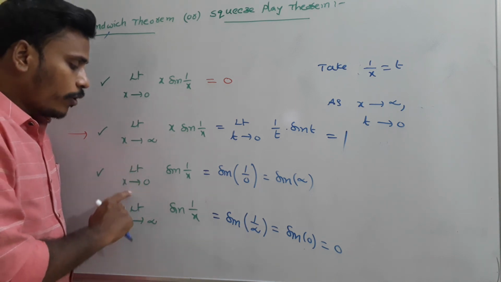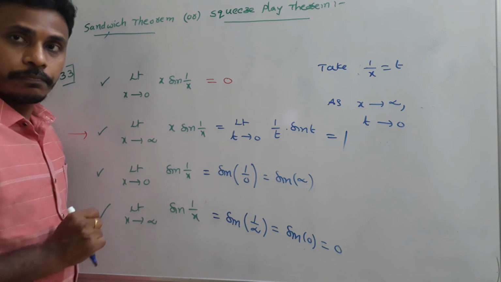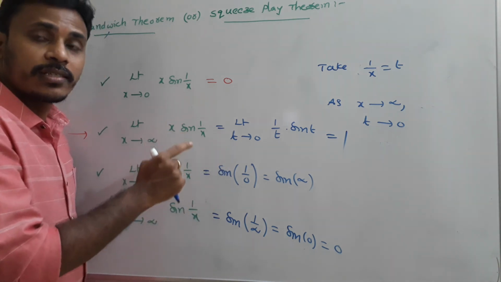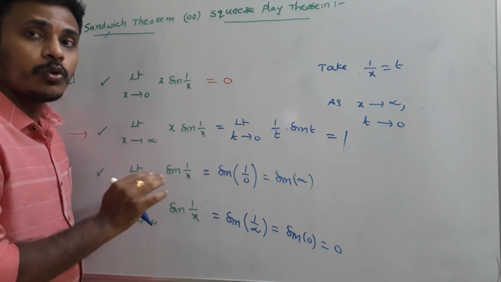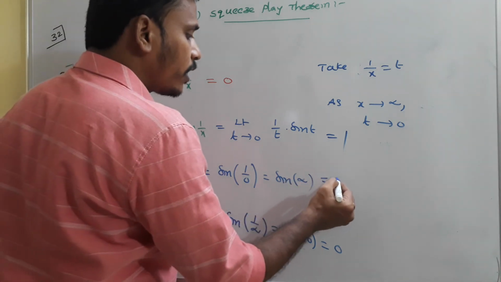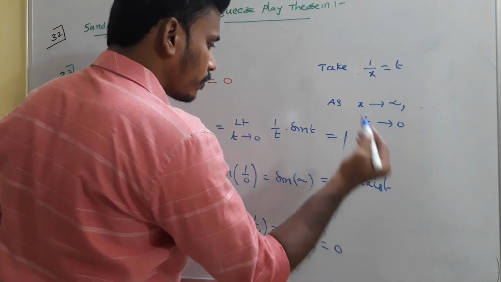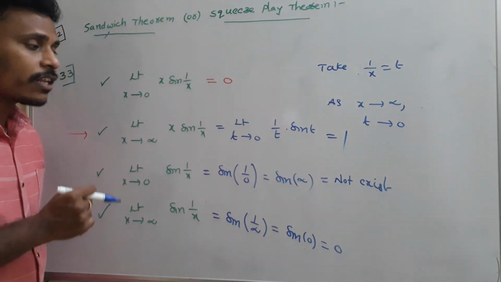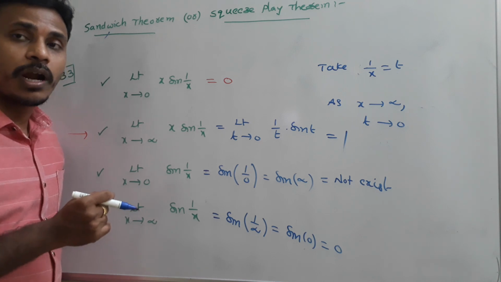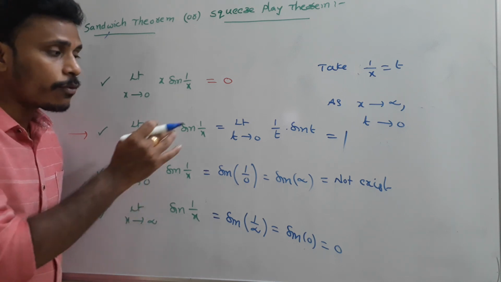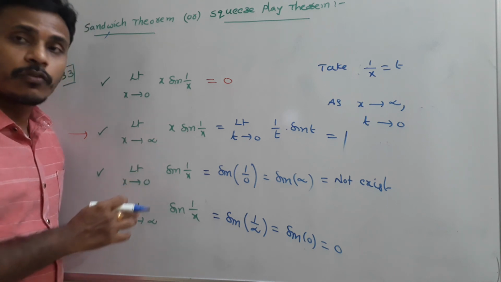So when you replace x with 0, sin 1 by 0 is sin infinity, whose value is not exactly known, and that's why we say that this limit does not exist. We know that the sin infinity value is in between minus 1 and 1, but the exact value is not known to us, okay, and that's why we mention that the limit value does not exist.